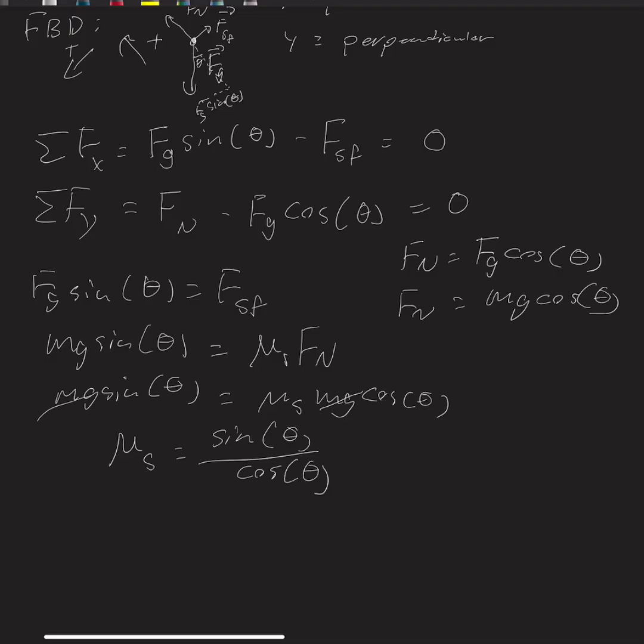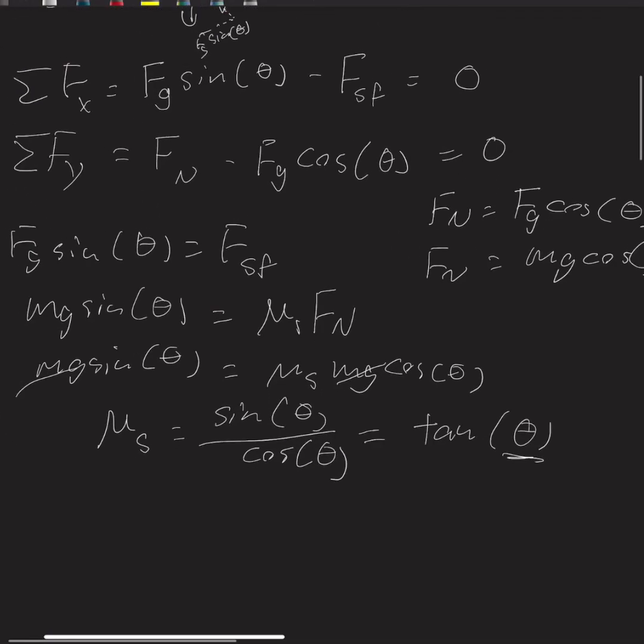And if you took trigonometry, remember that this is equal to tangent theta. So mu s is only dependent on the angle of incline in this problem, which is tangent theta. And our angle is 36 degrees, so mu s is equal to tangent of 36 degrees, which is approximately equal to 0.73.